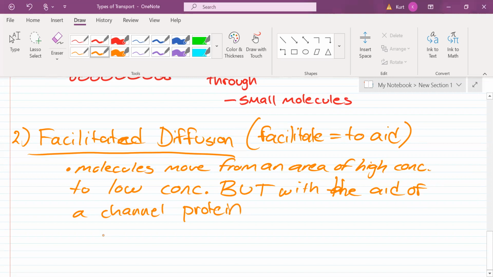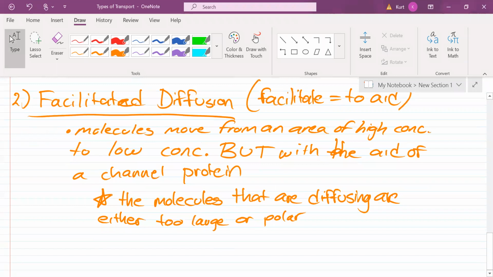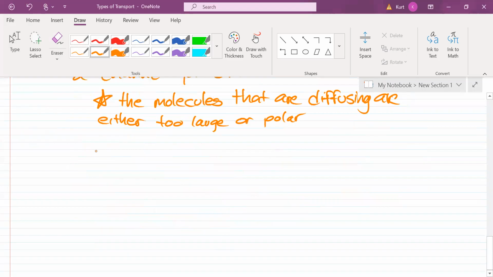Now, why do you need a channel protein? Here's why. The molecules that are diffusing are either too large or they are polar. And we know that they cannot just simply slip through the plasma membrane. So let's draw out one of these examples.